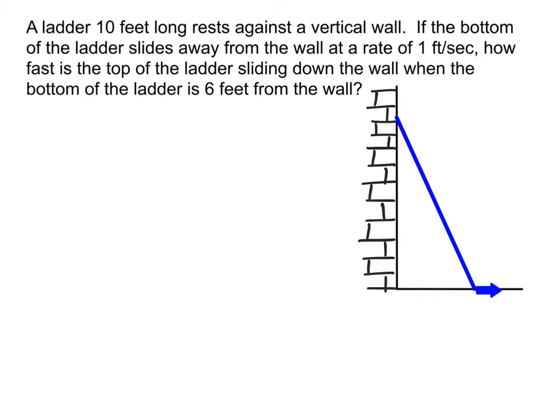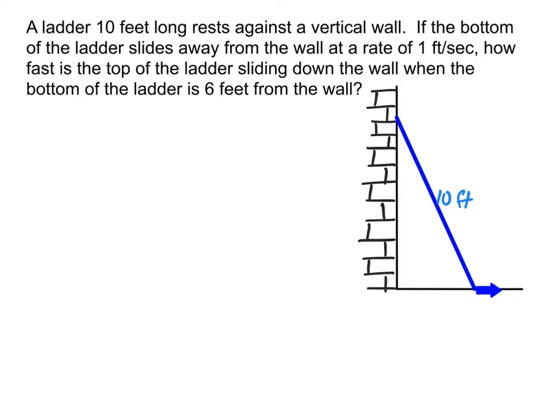Now I want to start labeling all the numbers that are given to me in the word problem. The first thing we know is that the ladder is 10 feet long. Notice the ladder is that blue line, the one that's leaning from the ground up to the wall. And so the ladder is going to be 10 feet. The next number that I encounter is this one.